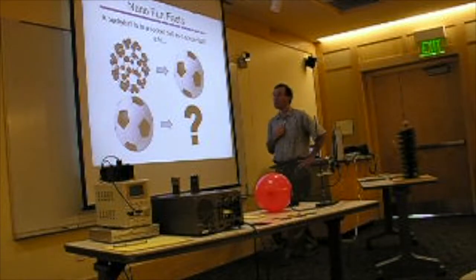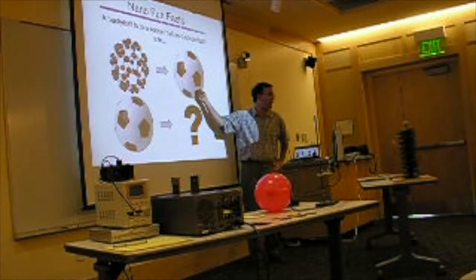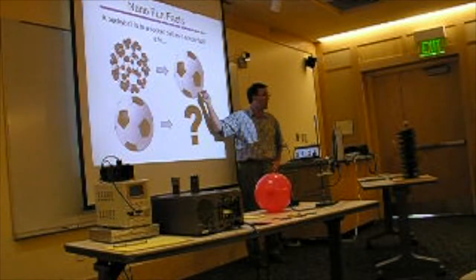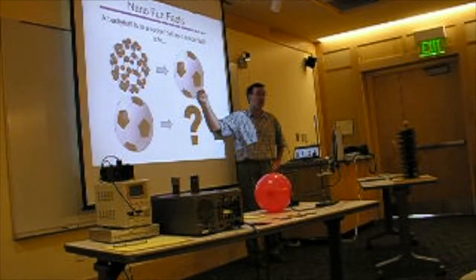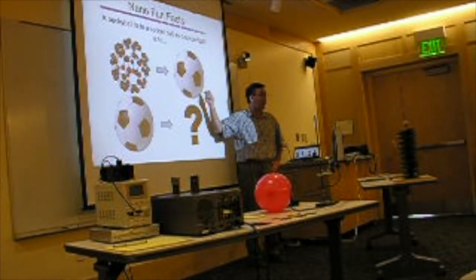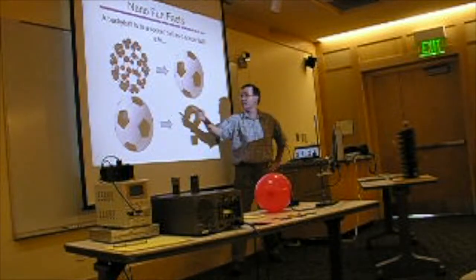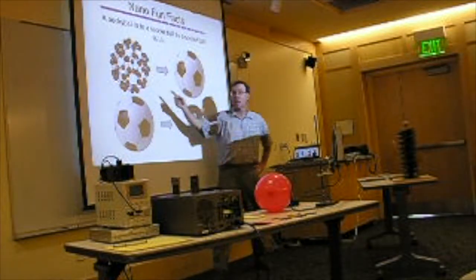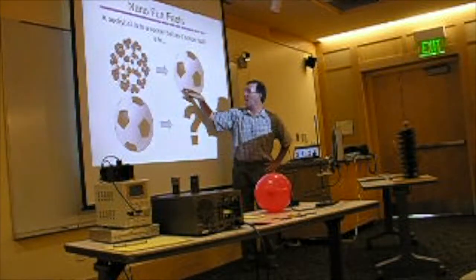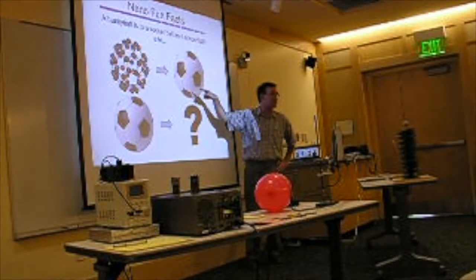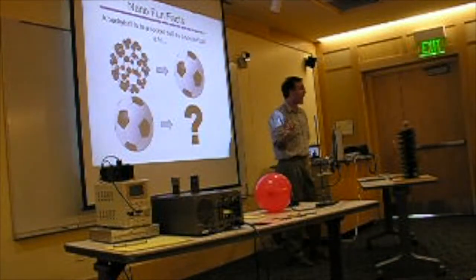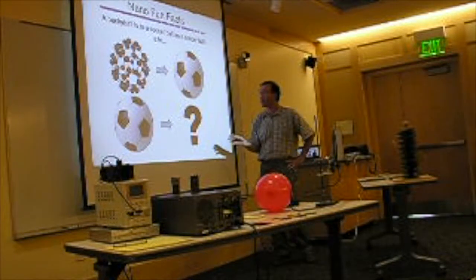Too small to see. Now everyone knows what a soccer ball is, right? Well, it turns out that there's a molecule that looks like a soccer ball. It's called a buckyball, and it consists of carbon atoms. The carbon atoms lie at the vertices of the soccer ball, and there are 60 carbon atoms in a buckyball.